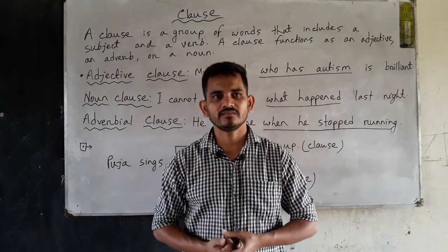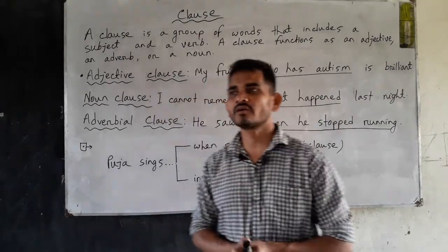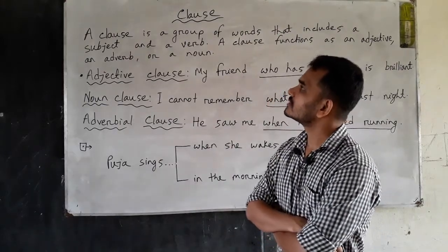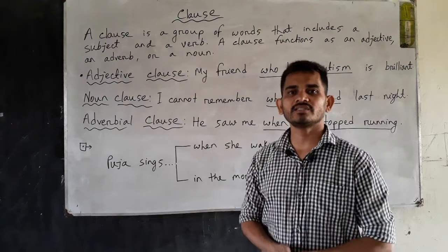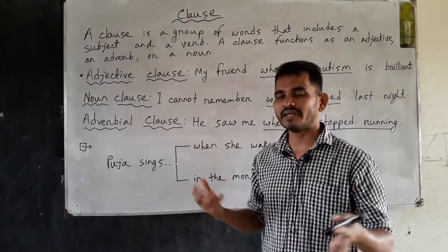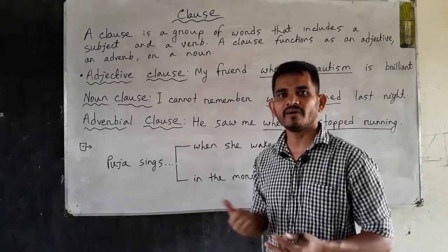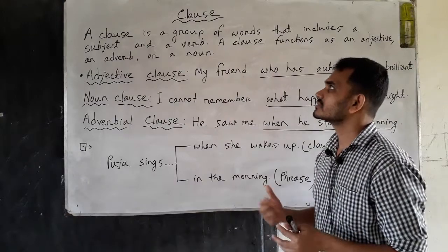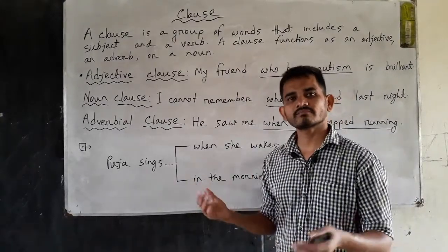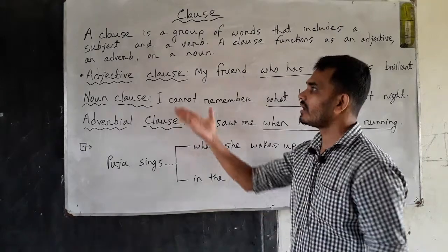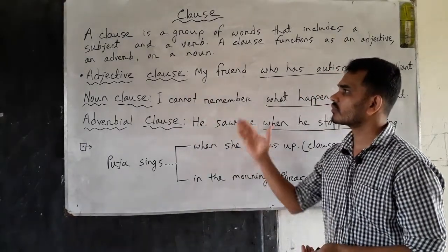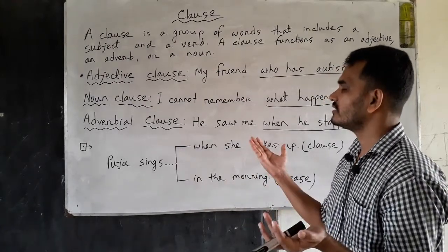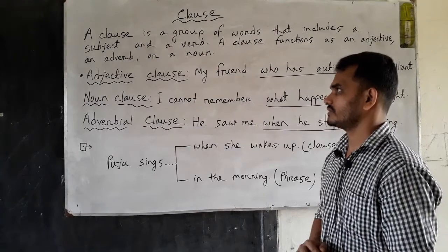What is phrase? A phrase is a group of words that has no subject and has not any finite verb or verb. Dear learners, clause contrasts with phrase. Here I wrote the definition of clause and I also showed different types of clause.